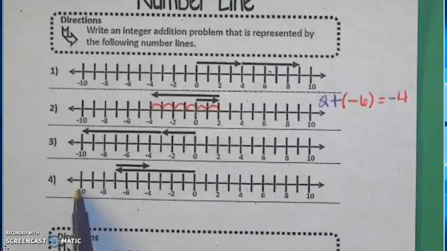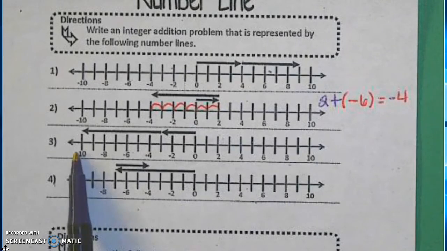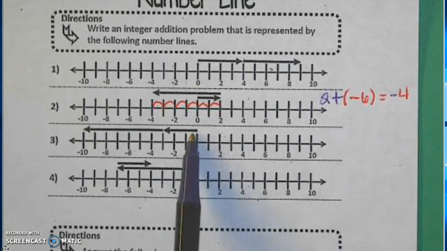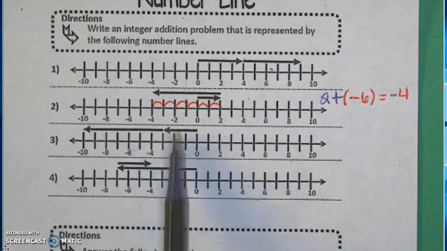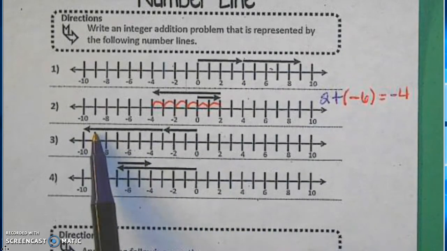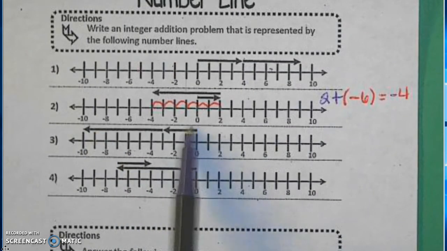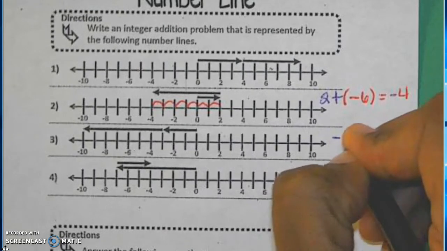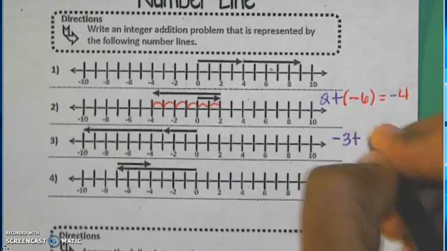And let's look at number 3. Again, we always start at 0. So both of my numbers, I can already tell, are going to be negative because they're both going in the left direction. So from 0, I land on negative 3. So my first number is negative 3. It's an addition problem, so I put an addition sign.